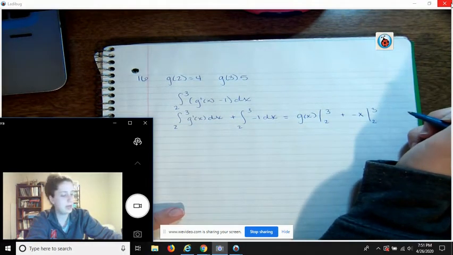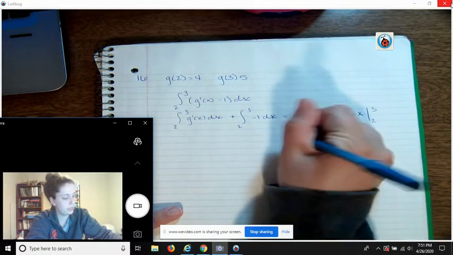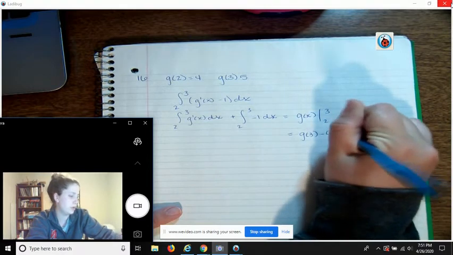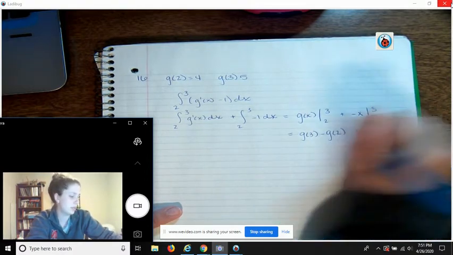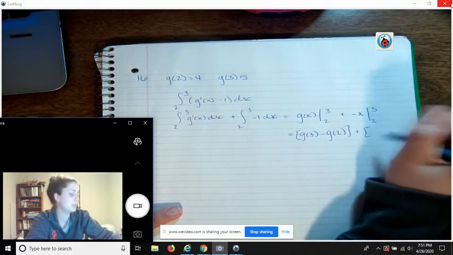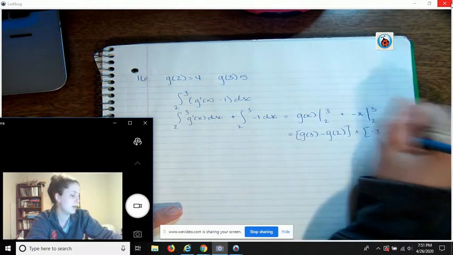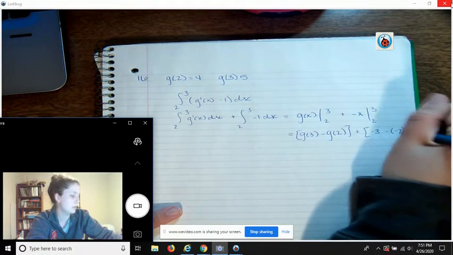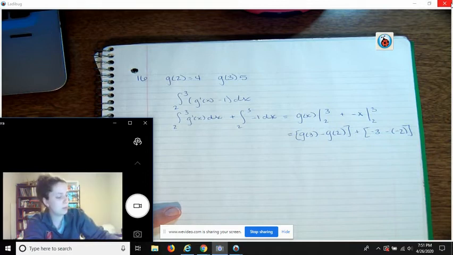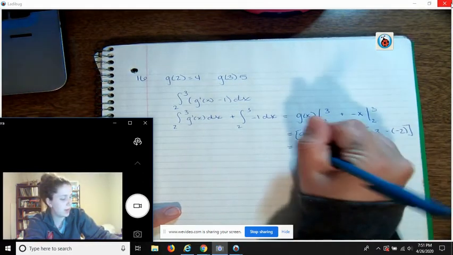And then I should get g of 3 minus g of 2, that's the first integral that we have, plus -3 minus -2 is going to be what my next one gives me. And then we know g of 3 is 5.